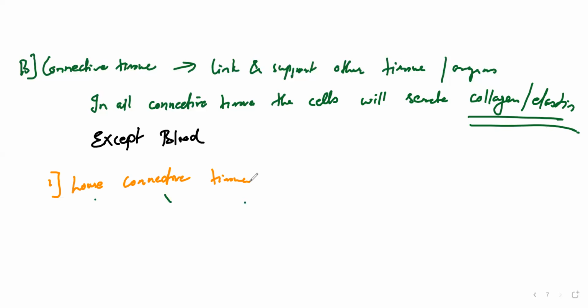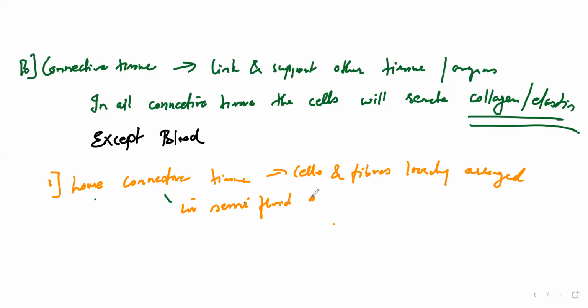On the basis of the name, loose connective tissue means it will have the cells and fibers loosely arranged in a semi-fluid ground substance. And what are the two examples or types over here? That is areolar and adipose.